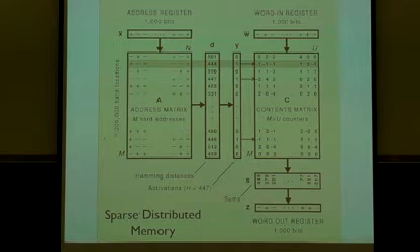So what you do is you put this retrieval cue in, you treat it as a computer memory address, and it is compared to all the rows of this left matrix, compared in terms of Hamming distance.